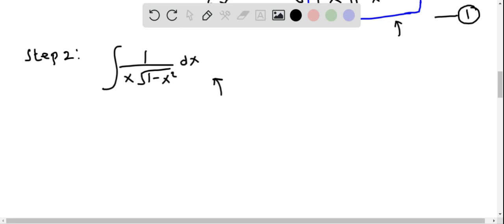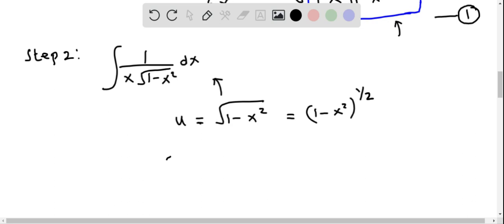Here I'm going to solve this integral by the method of substitution. That is, I'm going to put u equals the square root of 1 minus x squared. Now I have to take the differentials on both sides. In fact, I can consider this as 1 minus x squared, put in exponent form as power 1 by 2.